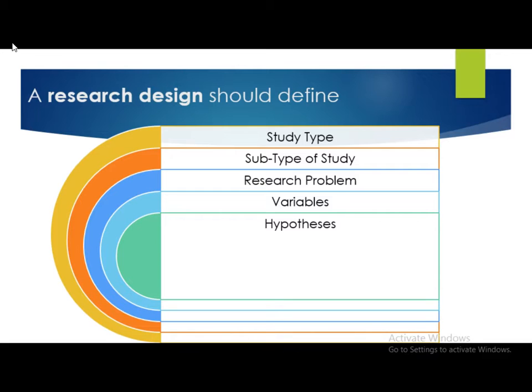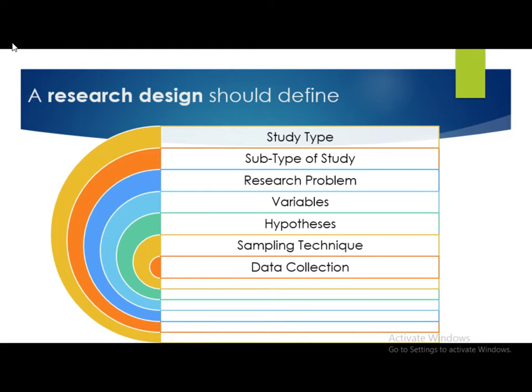Depending on the dependent and independent variables, hypothesis statements will be formulated, and those hypothesis statements also should be included in the research design. Then various sampling techniques, that also includes sample size calculation method and sampling techniques. Then various methods of data collection, and it should also incorporate a statistical analysis plan. So that should be included in research design.